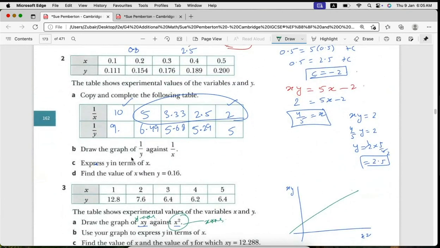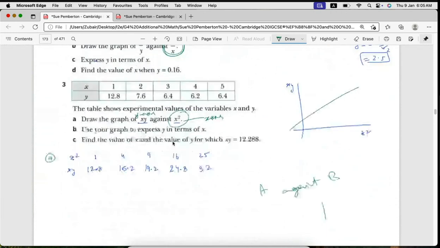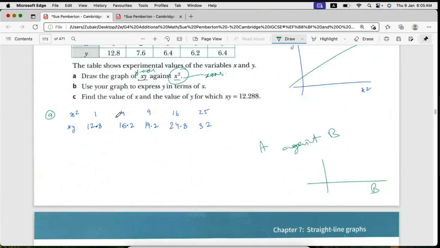Number 2, draw graph of 1 over y against 1 over x. This is x-axis. The second one, against x square, that is on x-axis. Values are correct. Just switch them. No need to rewrite. For second part, just keep that in mind. I just labeled beside each one of them which one was which. I just put y-axis for xy and x-axis for x squared.